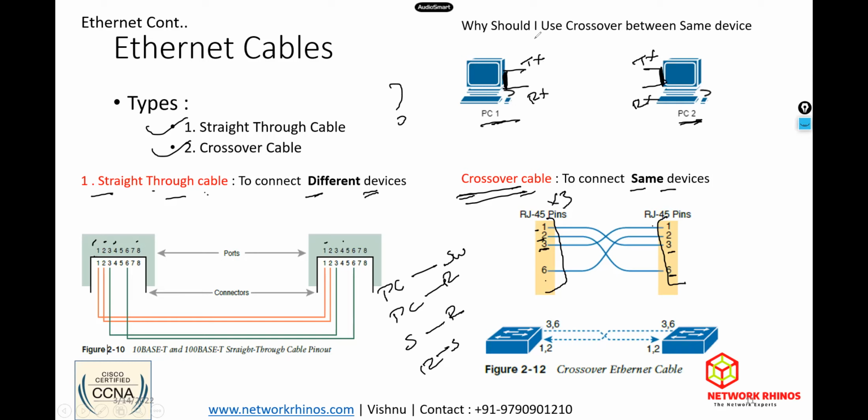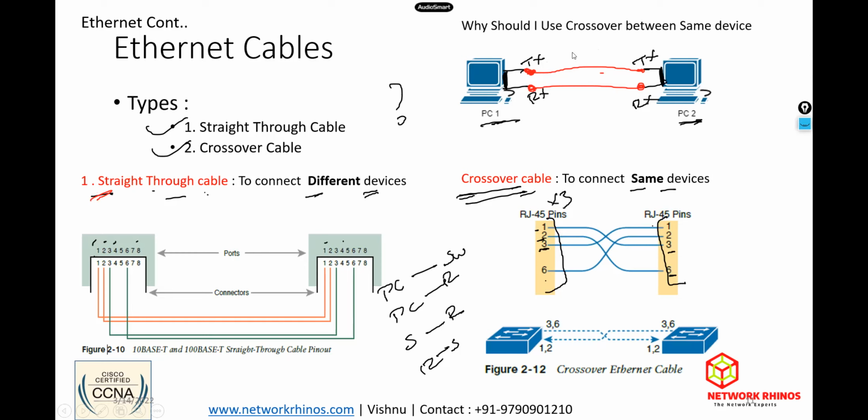If I use a straight through cable, what will happen? TX will connect to TX. So is it a right connection? Do you guys think it is right, if TX goes to TX and RX connects to RX? No, exactly. It's not right. Always TX should go to RX. So if I use a straight through cable for same devices, it is wrong.